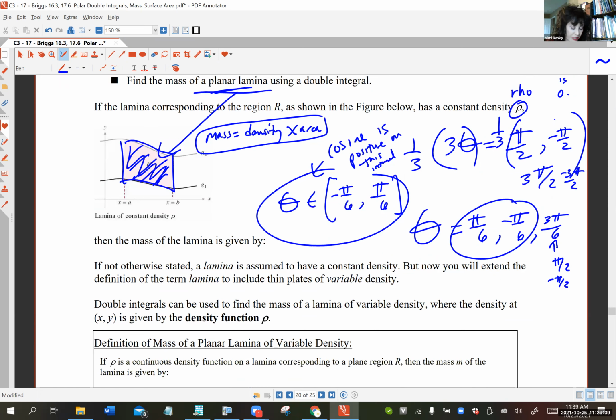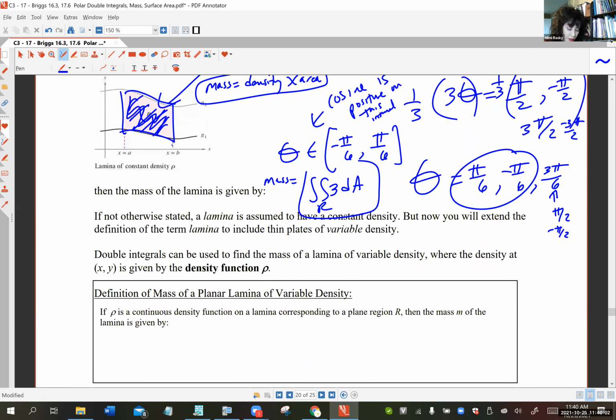Some use r, but if you have a constant density, like the density is 3 or something like that, then the mass would equal the double integral, and you would just have the constant there, and then you're integrating over that region you're trying to find the mass of.